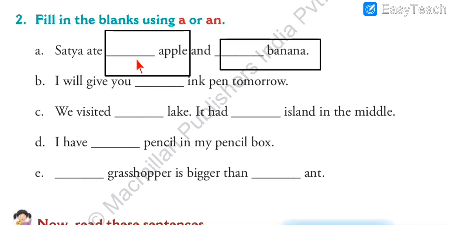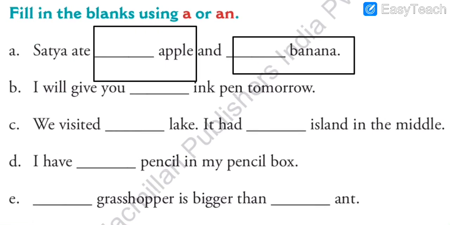So here let us solve the first blank. The word which is there after the blank is apple. What is the spelling of apple? A-P-P-L-E, right? So the word apple starts with the alphabet A. And now you should not have any doubt, alphabet A is a vowel.